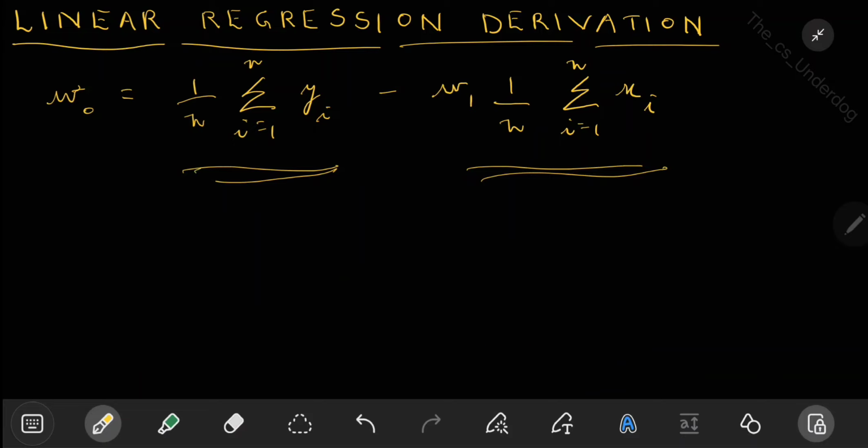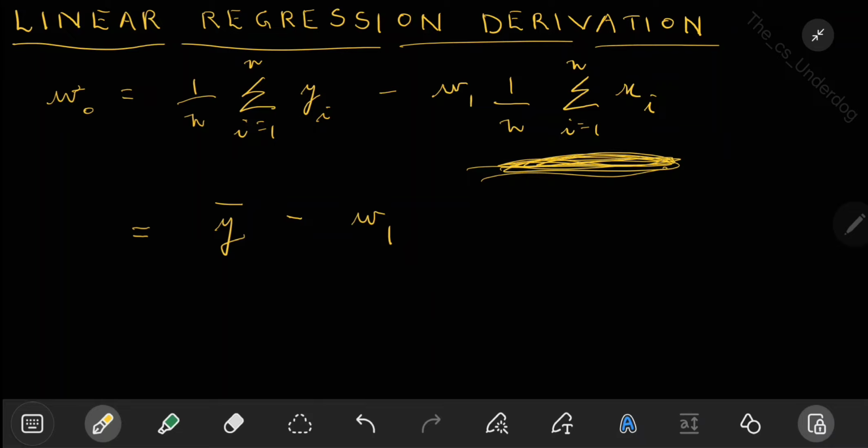What is 1 by n into sigma i equal to 1 to n yi? This is simply the mean of y's, or the average value of y, so I'll denote this as y bar, okay? So y bar is the mean of y, that is 1 by n into sigma i equal to 1 to n yi, minus W1 into, what is the term on the RHS?